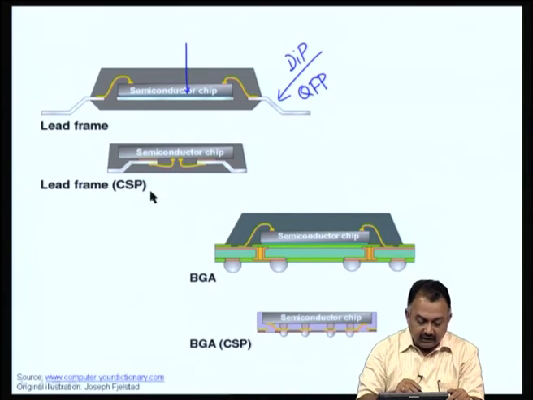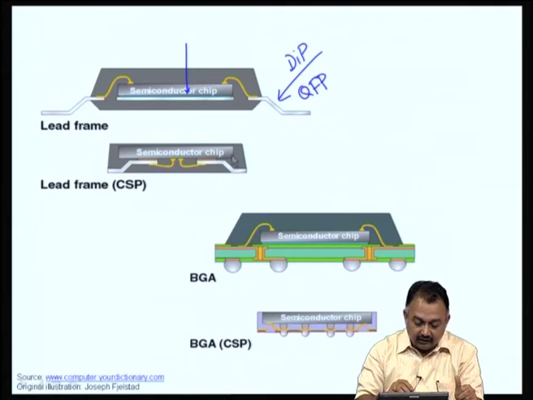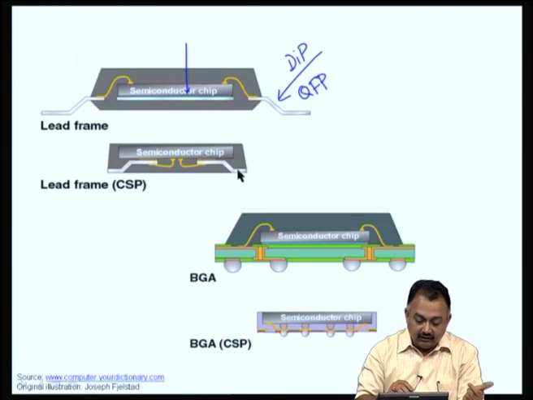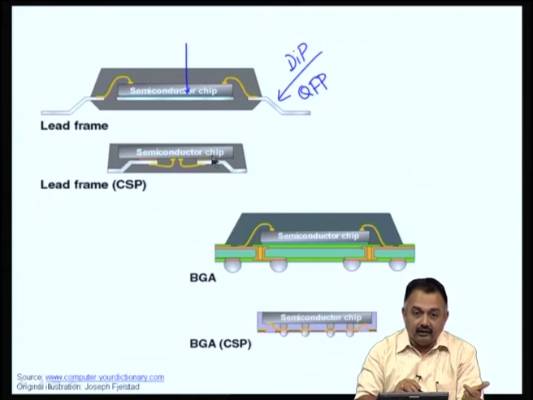And the CSP which I showed in the last sample again has a lead frame, but at the same time you can see the package volume is so low, and the die area is almost the same as the package area, or inversely the package volume is almost the same size as the die area, whereas here the die area is small, the package area is very large.